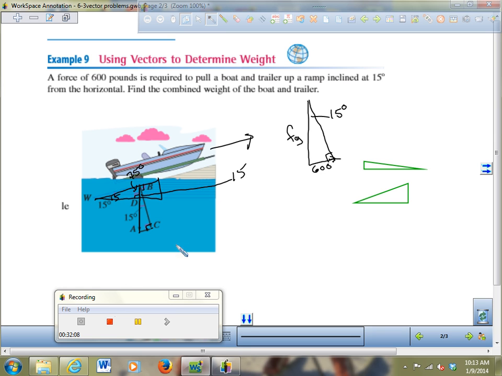Easy trick. What side is this? Opposite. What side is this? Hypotenuse, right? So I have the sine of 15 degrees equals 600 over Fg. That's the force due to gravity. And if I switch places with these two things, I get the force due to gravity is equal to 600 over the sine of 15 degrees.